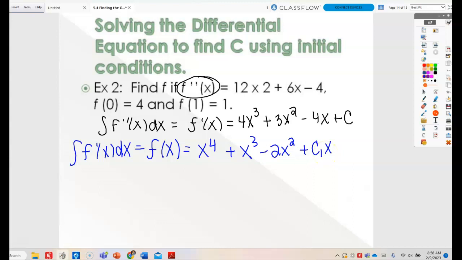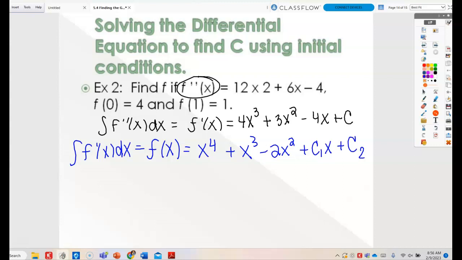Again, antiderivative of a constant becomes that constant times x plus c sub 2. Because again, you have to add that arbitrary constant. Now, why did I identify them as c1 and c2? Well, here's the thing. C is a constant.